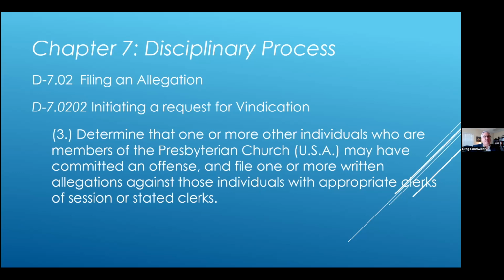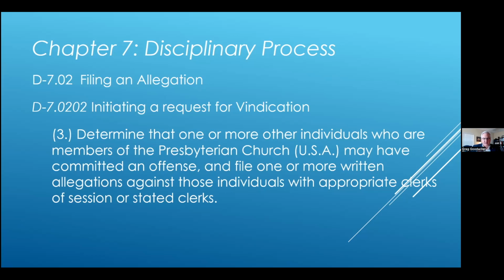So that's number 3, determine that one or more other individuals who are members of the Presbyterian Church USA may have committed an offense and file one or more written, excuse me, I said charges, that was wrong. File one or more written allegations against those individuals with appropriate clerks of session or stated clerks.